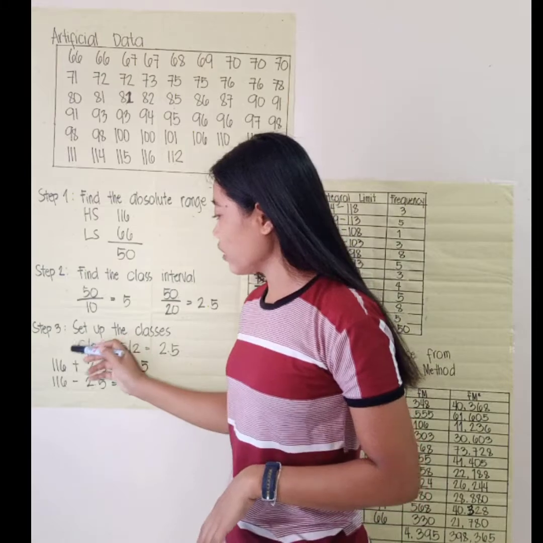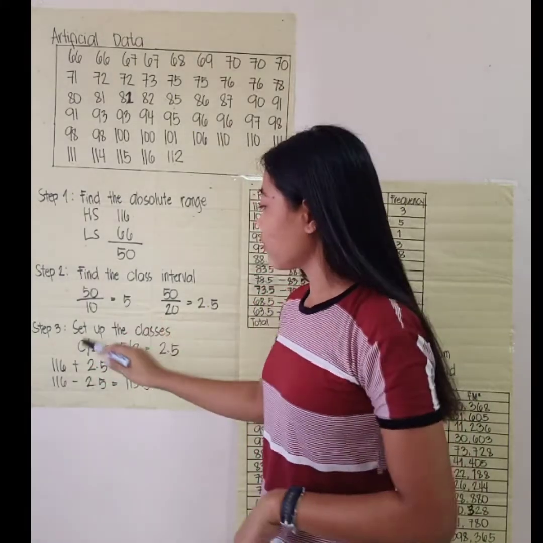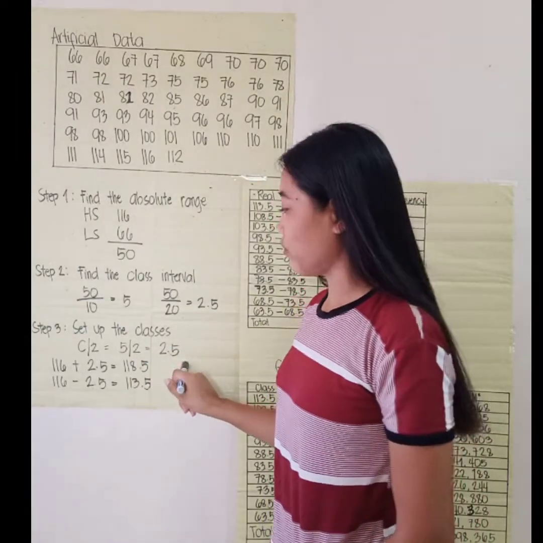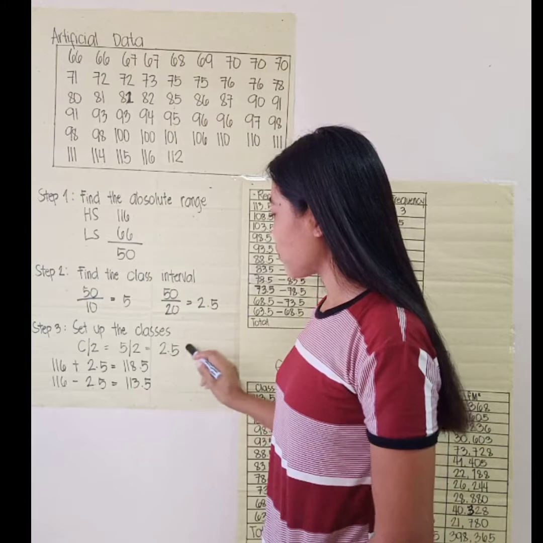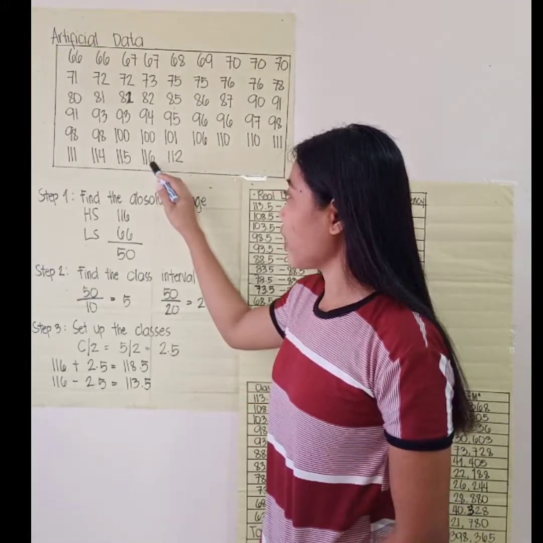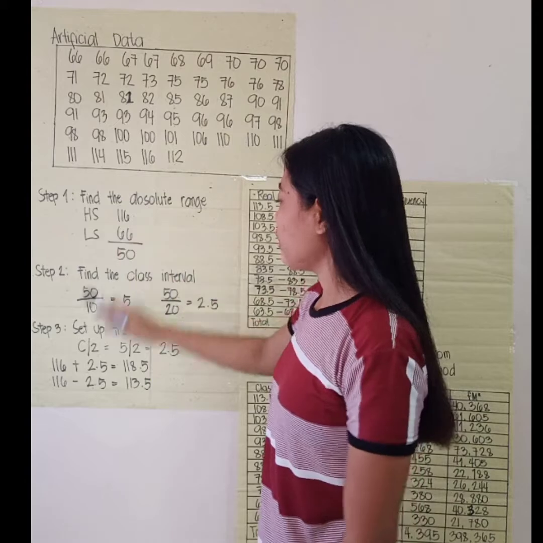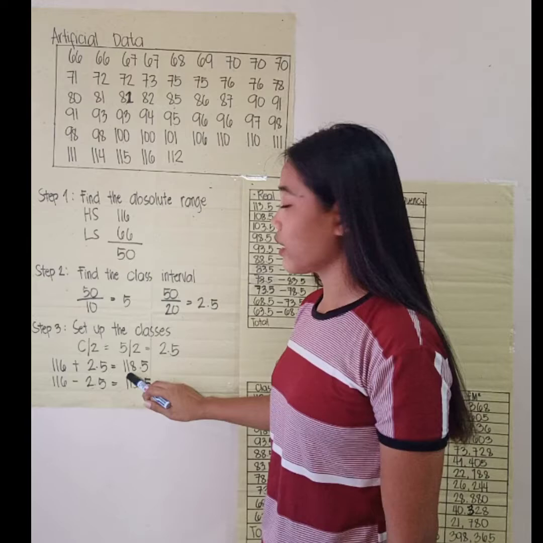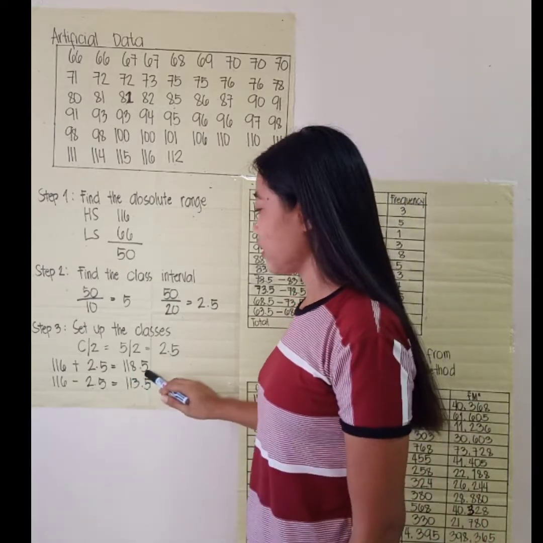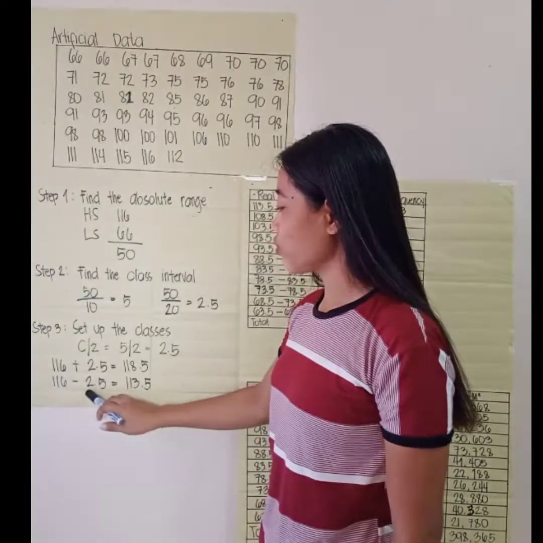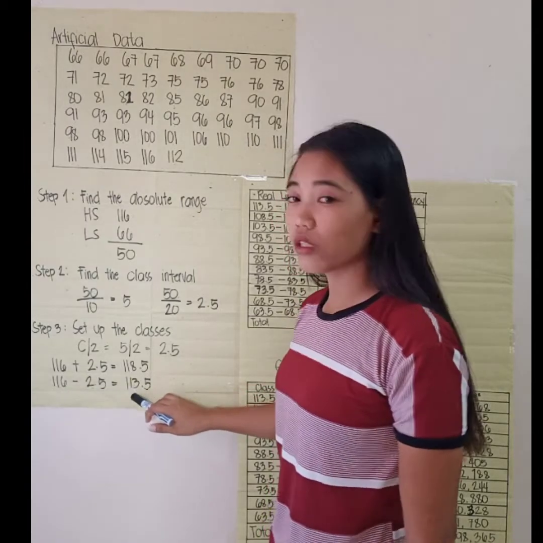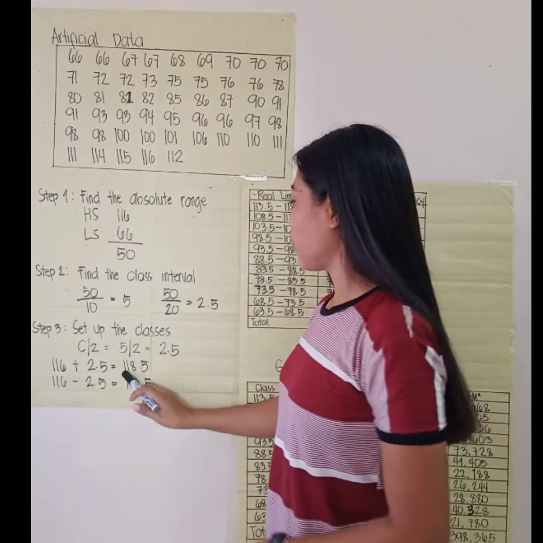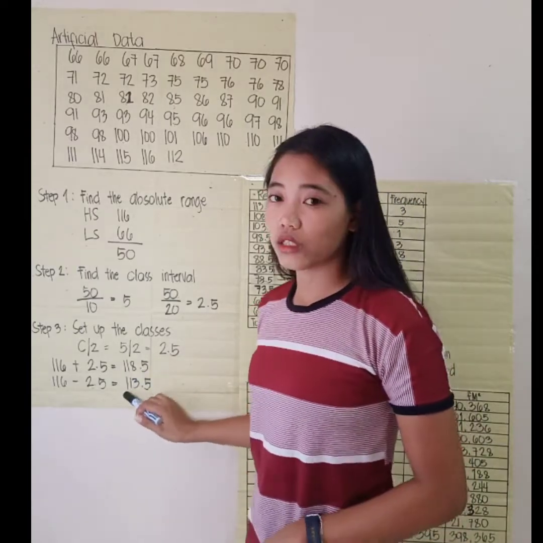Here, C, the class interval, is 5, so 5 divided by 2 is equal to 2.5. 116 plus 2.5 is equal to 118.5. Next, 116 minus 2.5 is equal to 113.5. This will be our real limit, 118.5 and 113.5.